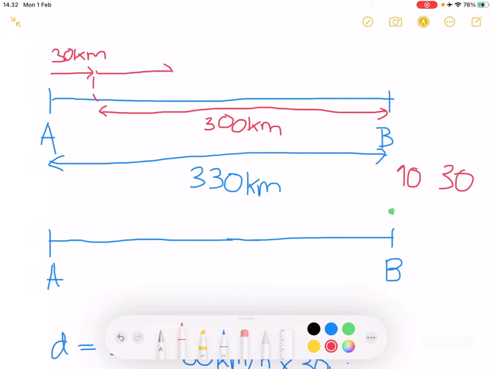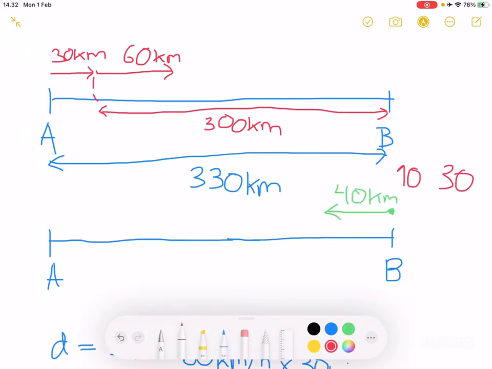So car A travels a certain distance, and the truck also travels a certain distance. What are those distances? You can just multiply the speed and the time. The time is 1 hour, so the distance traveled by car A will be 60 kilometers, and the distance traveled by the truck will be 40 kilometers.